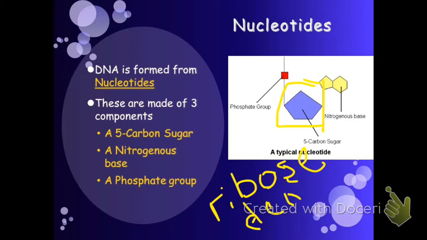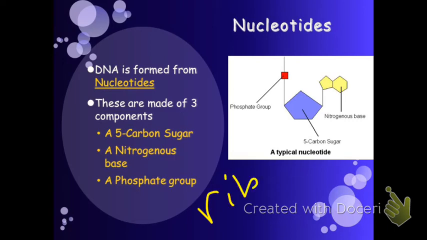Depending on what sugar you have, that's what's going to determine what nucleic acid you have. And then there's also a nitrogenous base and a phosphate group. These are the three necessary elements to make a nucleotide, and then you string those nucleotides together to get your DNA.